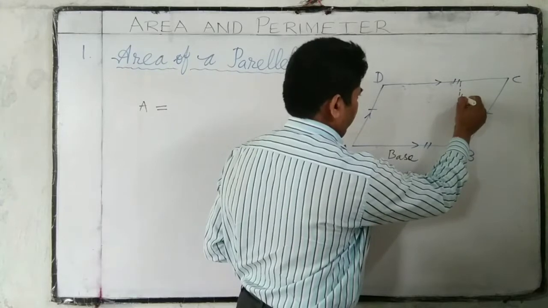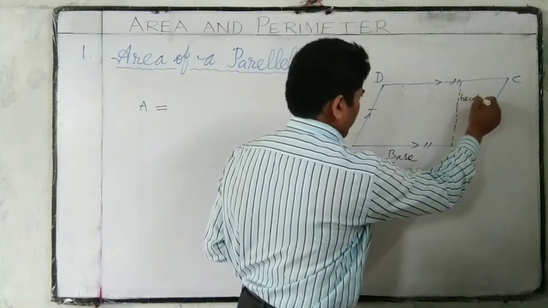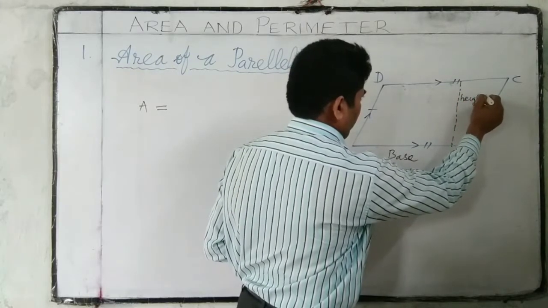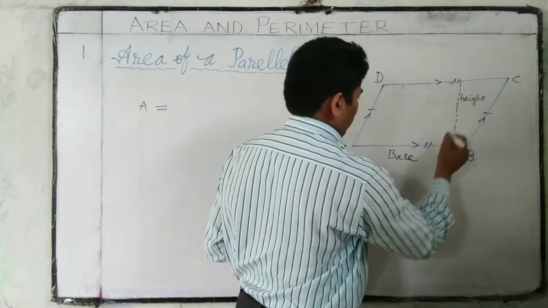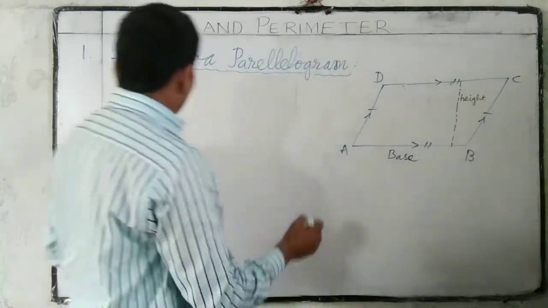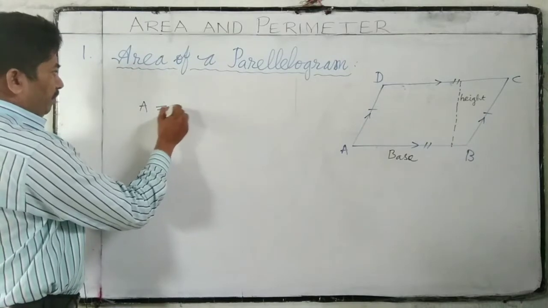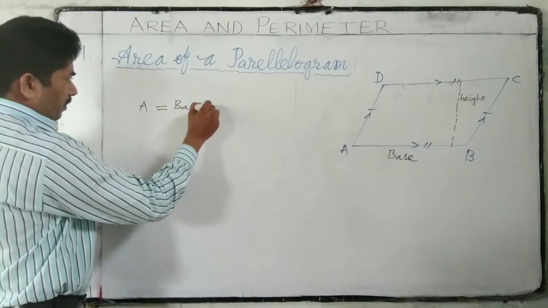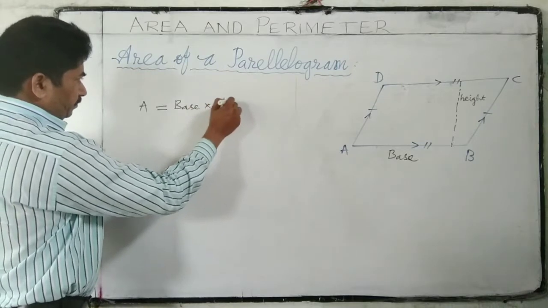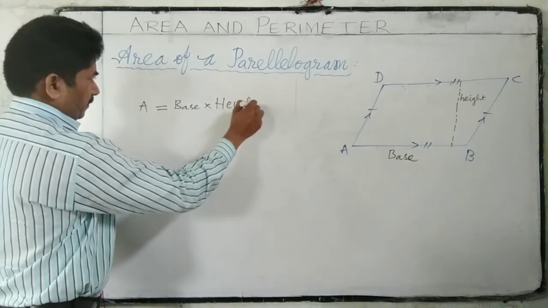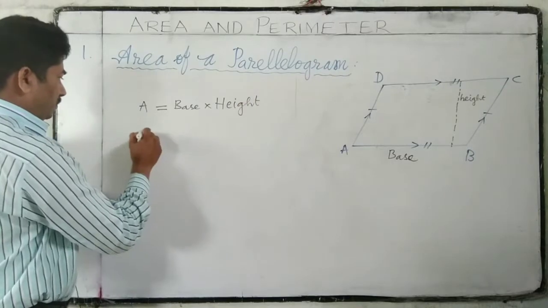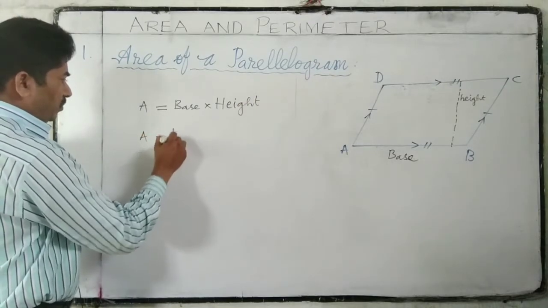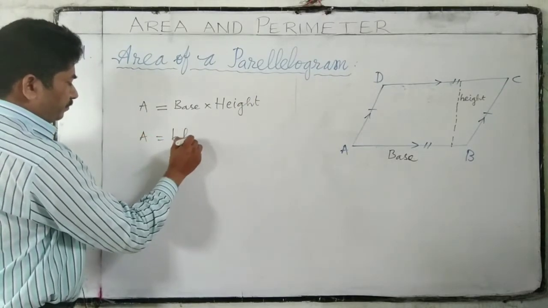This is height. A is equal to base into height. So in short, A is equal to BH.